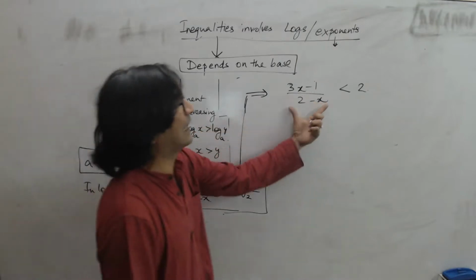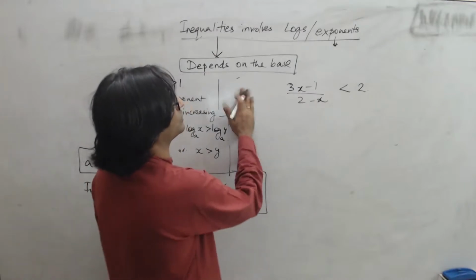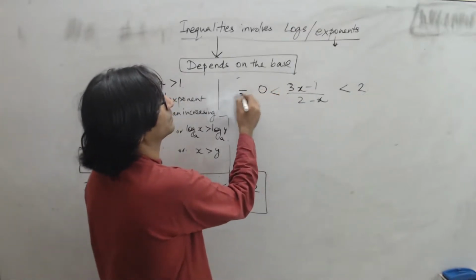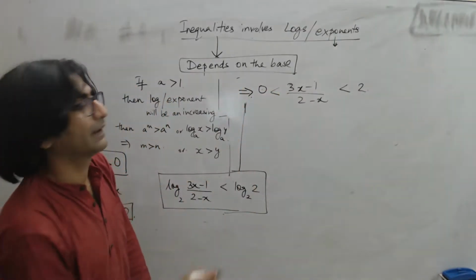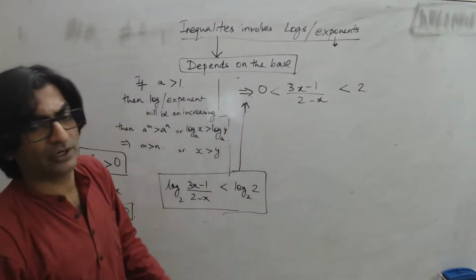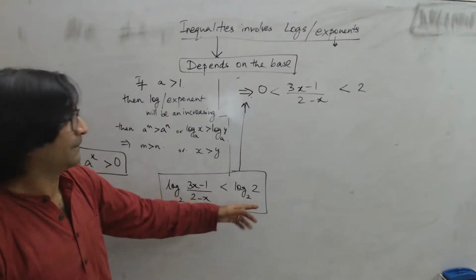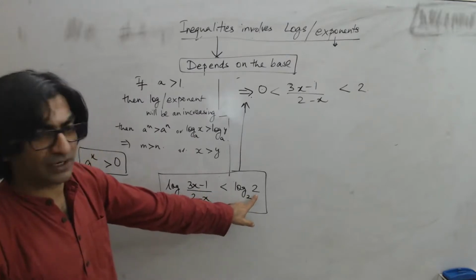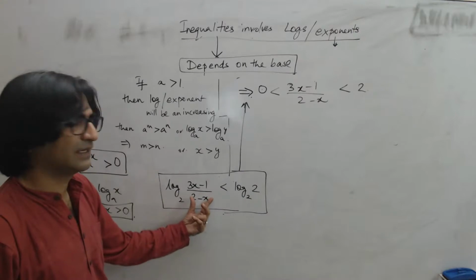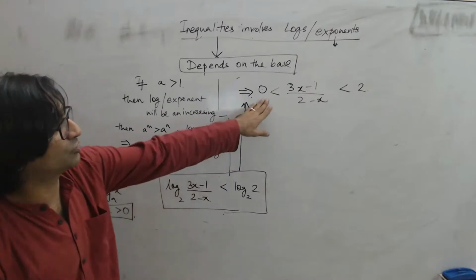So besides saying that the radicand is less than 2, you must also say that the radicand is greater than 0. And that's the starting point for this question. Because this log is less than this log, its radicand must not just be smaller than this radicand, but it should also be positive. It should also be greater than 0.